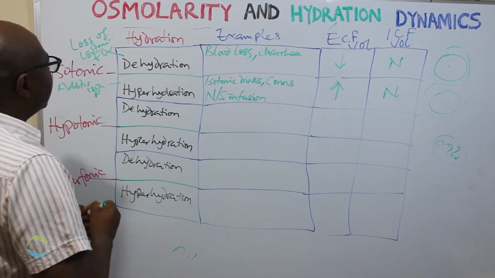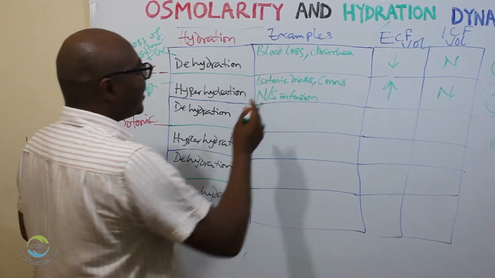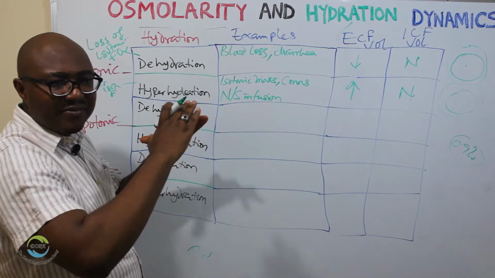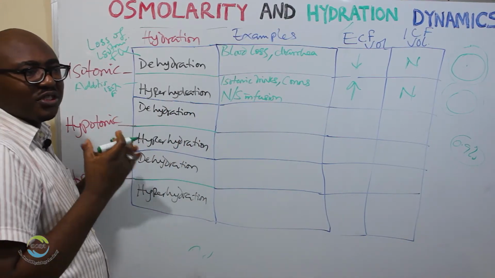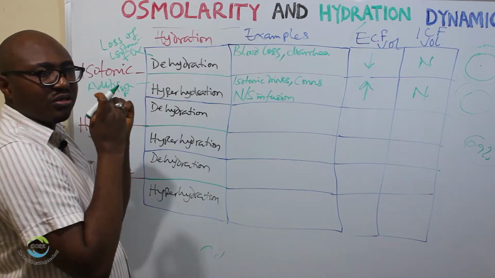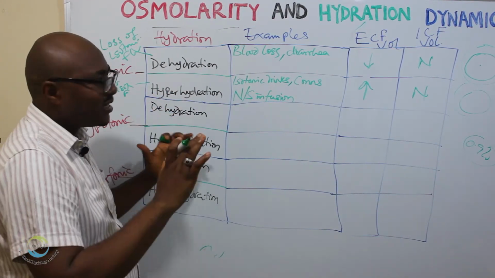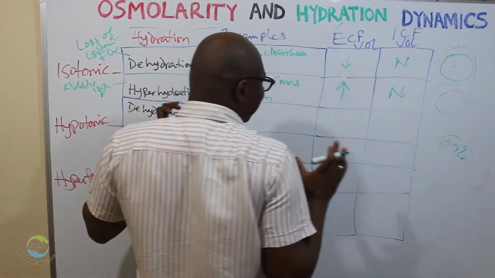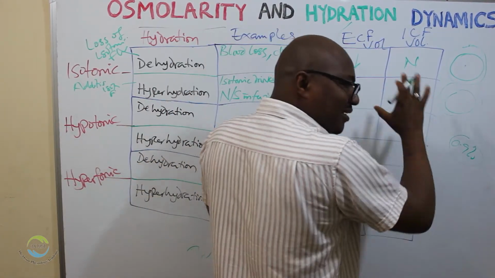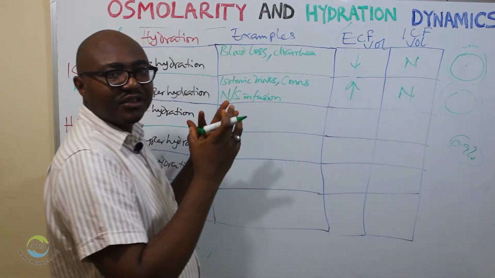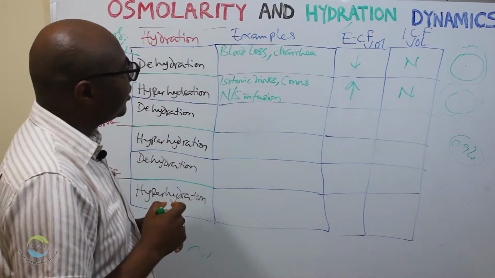All right? So just note that in all dehydrations, you have reduced blood pressure. Anything that causes hypovolemia, reduced volume of the ECF will cause dehydration. We don't want to write too many other things because they are easier to understand. There's always decreased blood pressure. Whenever there's hyperhydration, there's always increased blood pressure.